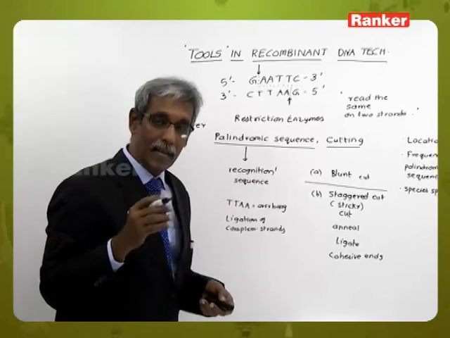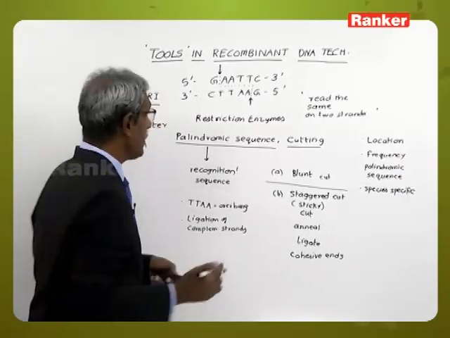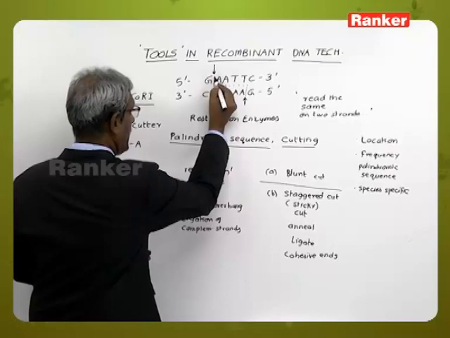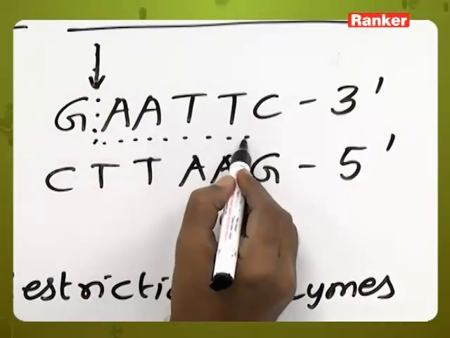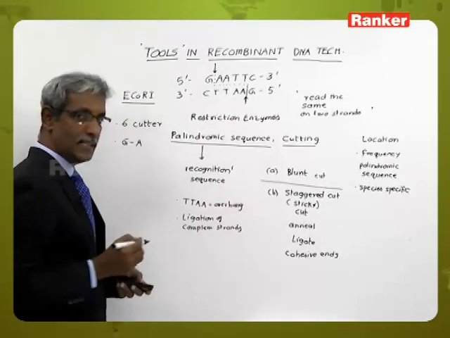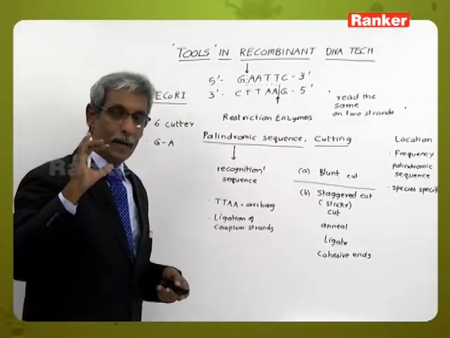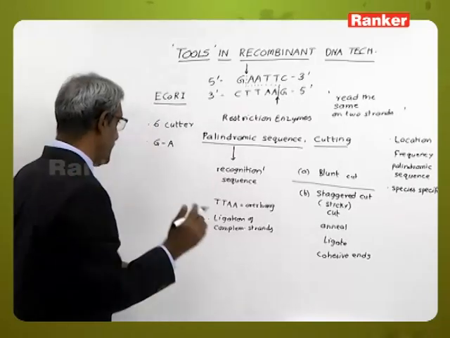Whenever it cleaves, the restriction enzyme cuts the sequence along the dotted lines. If you just look this way, 1, 2, 3, 4, it cuts along this set and along again on the set. So we understand that restriction enzymes cut both the strands of the DNA.